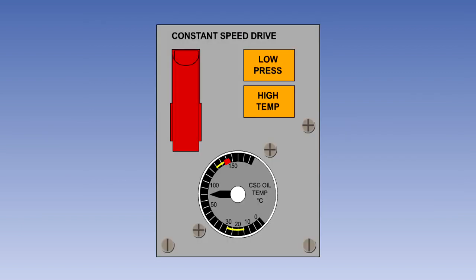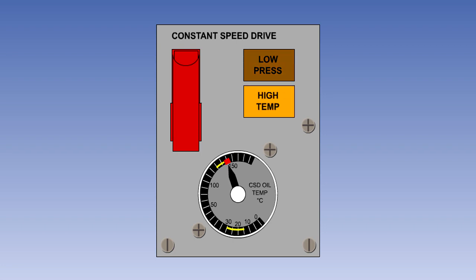There are a number of indicators on the flight deck to warn the crew of possible CSDU faults. The two main ones are low oil pressure and high oil temperature warning lights. There may also be a CSDU oil temperature indicator. The low oil pressure light will illuminate if the CSDU oil pressure drops below a predetermined minimum value.